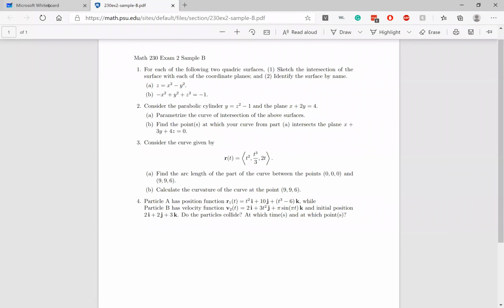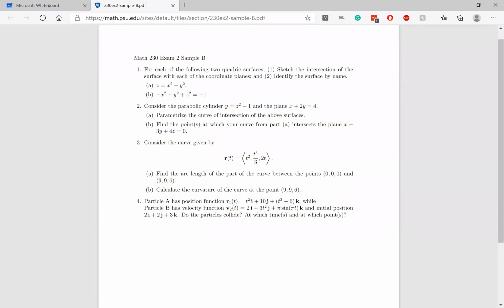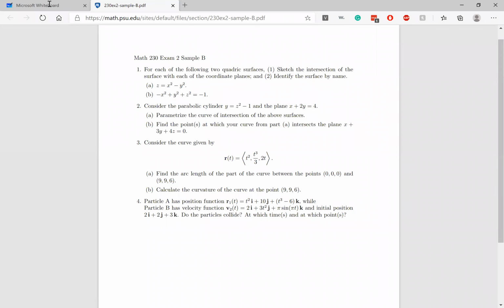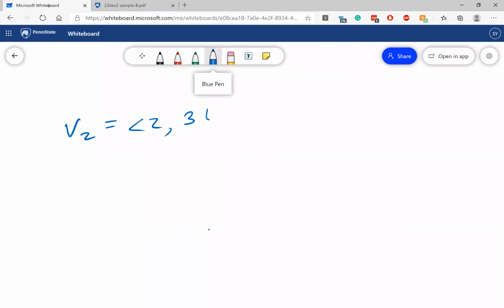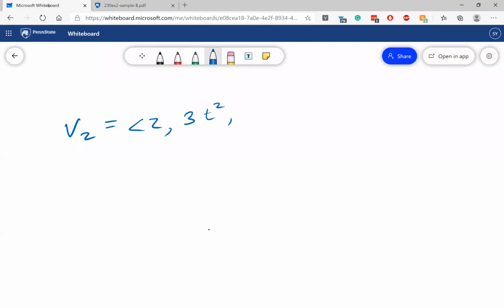So V2 is going to be equal to 2, 3t squared, and pi sine pi t.